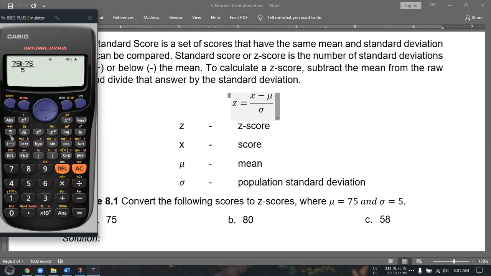We have 80 here. The equivalent z-score of 80 is 1, meaning 80 is 1 standard deviation away from 75. I repeat, 80 is 1 standard deviation away from 75, and lastly 58 there. If a fraction comes out, just toggle this button.